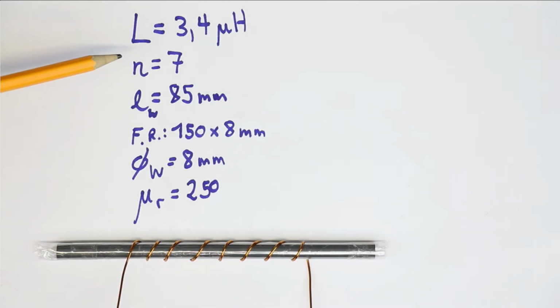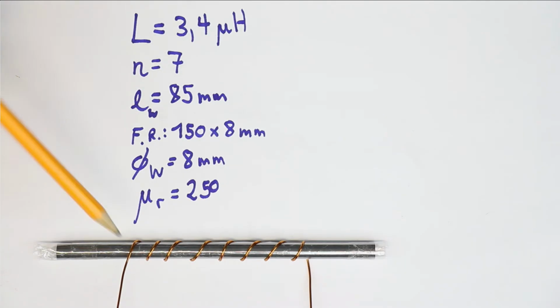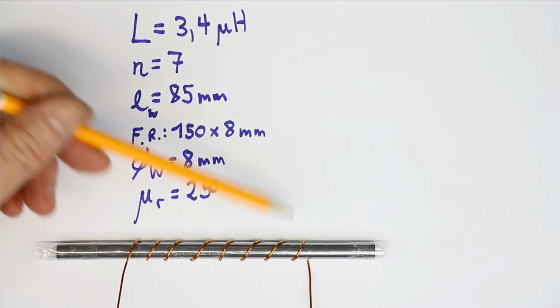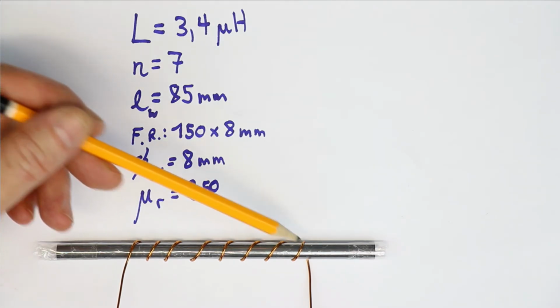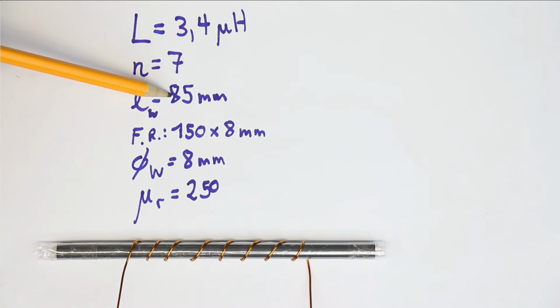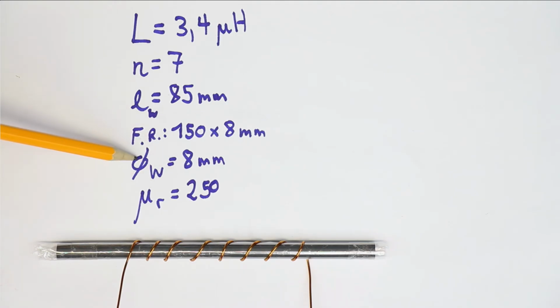So here I've listed the measured values. We got a measured inductance of 3.4 microhenry. The number of turns was 7. The length of the winding, that is from first winding to last turn, is 85 millimeters. The ferrite-rod itself has a 150 millimeter length and 8 millimeter diameter. That way the diameter of the winding is of course also 8 millimeter and something.